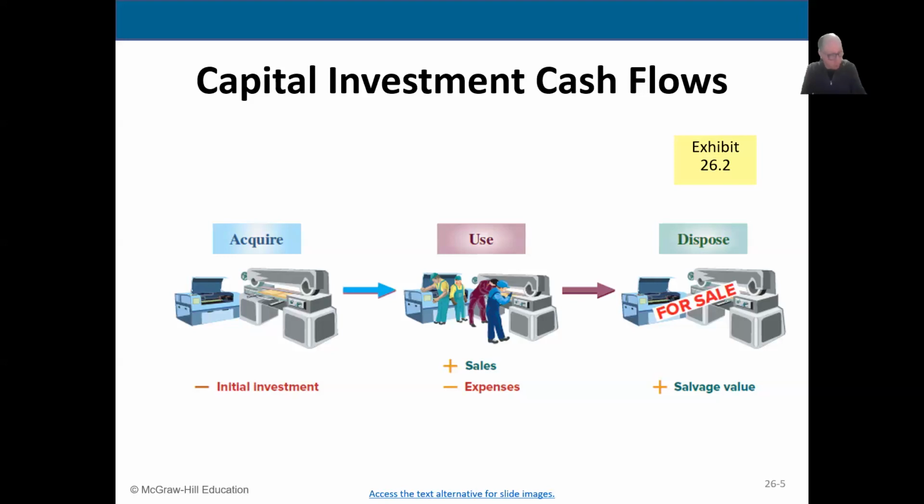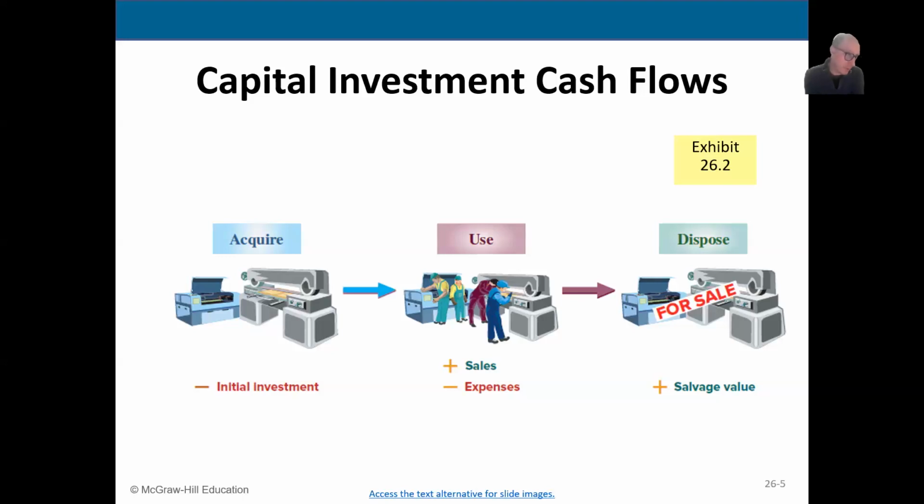But also, cash is flowing out of the business because I'm using the equipment: the electricity to use it, the maintenance, the depreciation, expenses going out. You see? We're using equipment to generate sales.